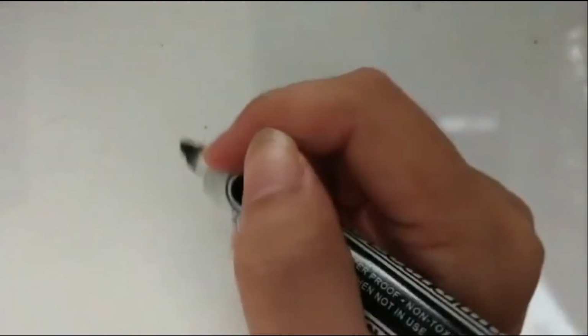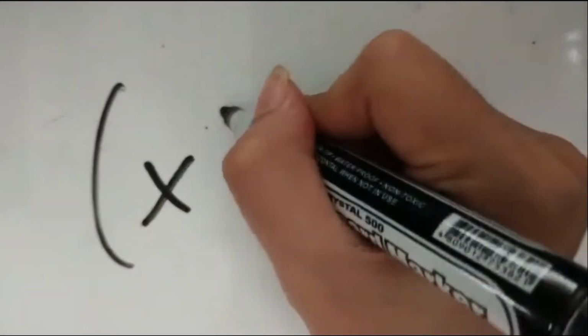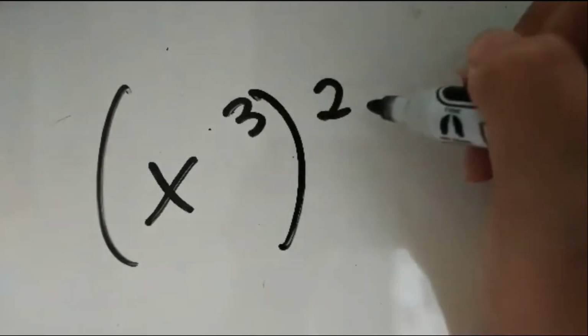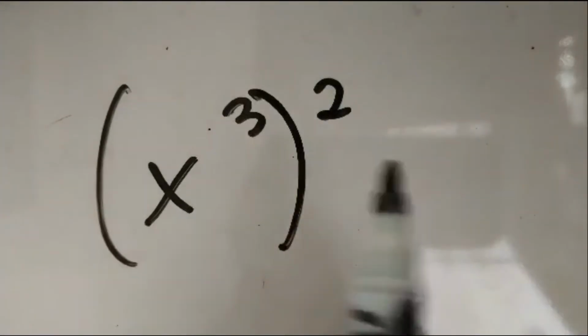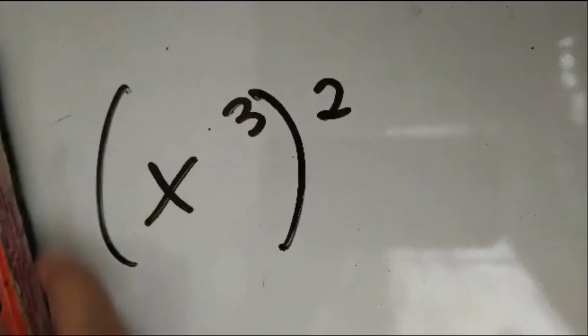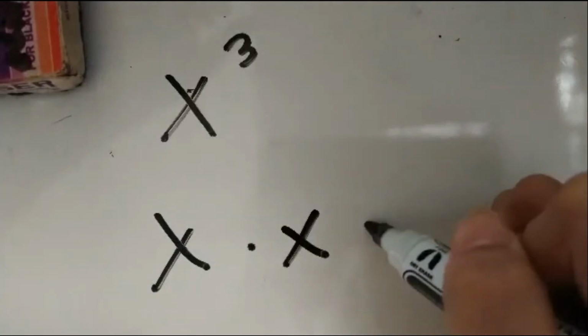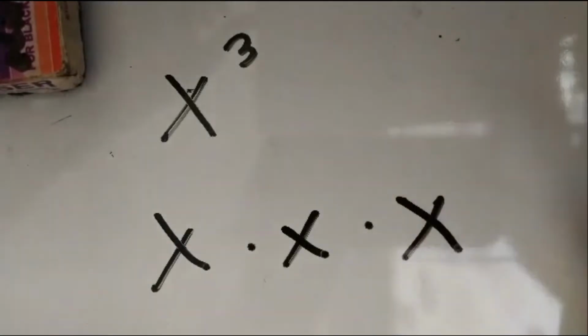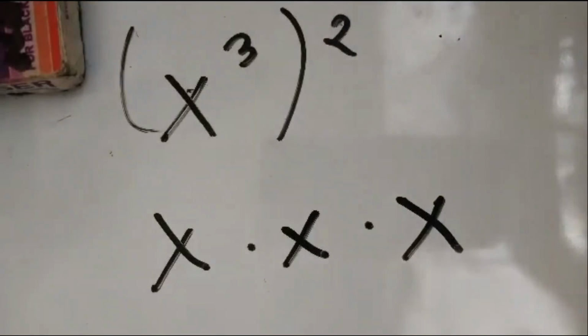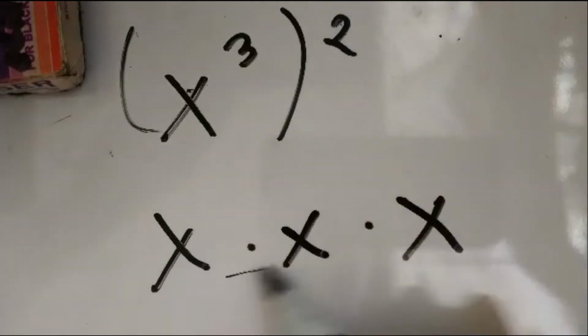An example. Maybe we have x to the power of 3 squared. We know that we should multiply these exponents, but let's actually see why. Well, x cubed really just means x times x times x. And we now have to square that, meaning we need 2 of these.